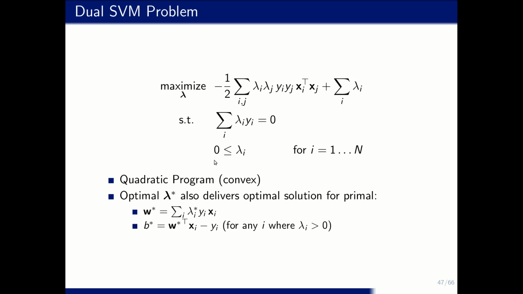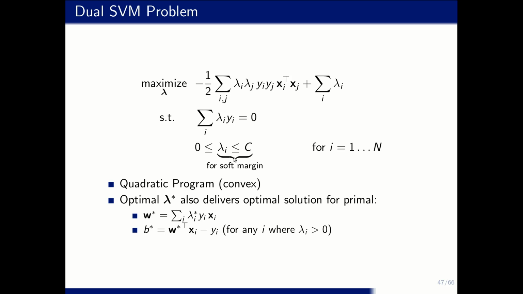And if we want to include our slack variables, where we trade off the slack variables with this trade-off parameter, so this was for hard margin, and if we have the soft margin, the only thing which changes is that we now also have an upper bound for our Lagrange multipliers. I don't do the derivation here, but believe me, the only thing which really changes is that we have another constraint for our Lagrange multipliers.